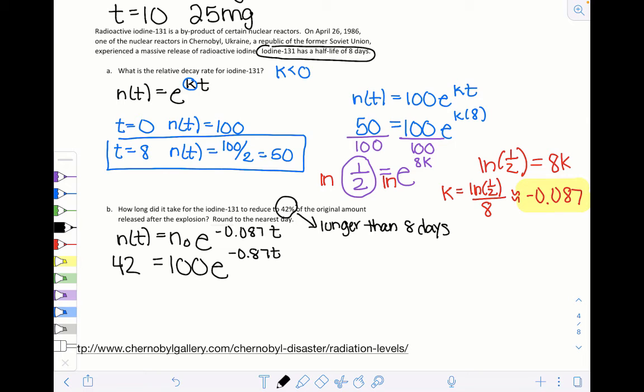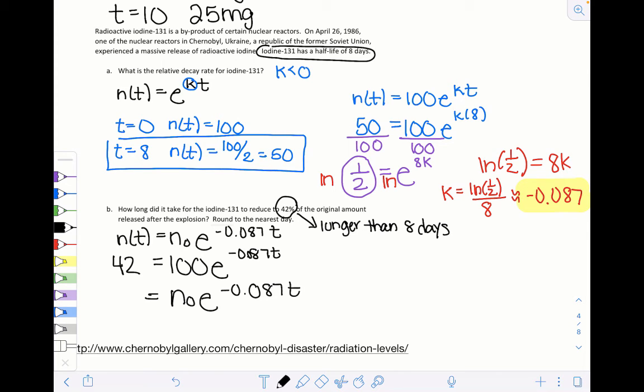If you don't want to plug in a random-ish value like the 100, you could actually leave it as n sub 0. And I'm realizing here I forgot to put an extra 0 there, so it's negative 0.087 t.